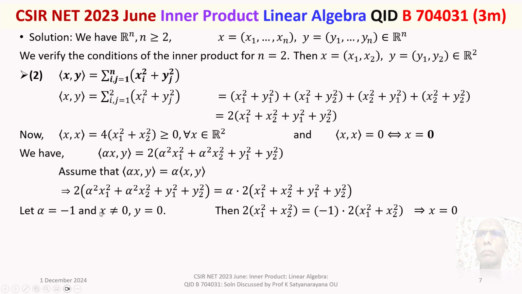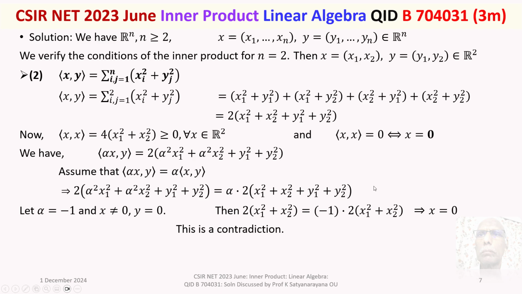Where you see x not equal to 0, y is equal to 0. From this we will conclude x is equal to 0. How? Because 2 times x1 square plus x2 square is equal to minus 1 times 2 times x1 square plus x2 square. So this will be 4 times x1 square plus x2 square equal to 0. This will imply x1 is 0, x2 is 0, because 4 times x1 square plus x2 square is 0, so x1 square plus x2 square is 0.